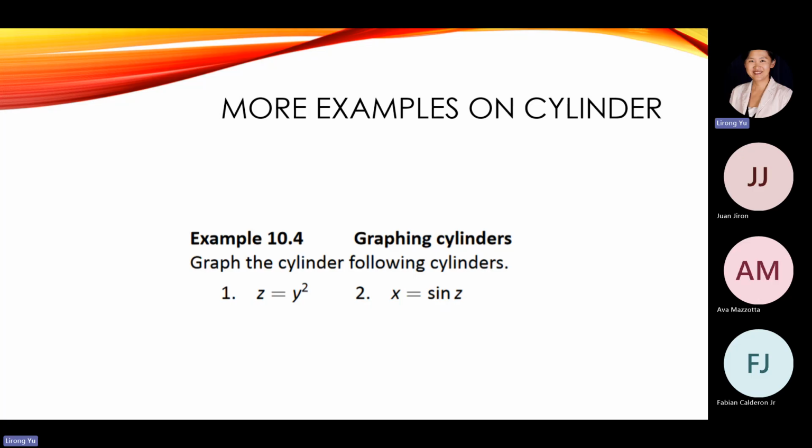Z equals y squared, so z is always positive, but y could be positive or negative. It's symmetrical about the z-axis, keeping z positive, a parabolic relation. The parabola, right? And there's no x in here, so this is a parabolic cylinder parallel to the x-axis. We can graph it, but graphing takes time.